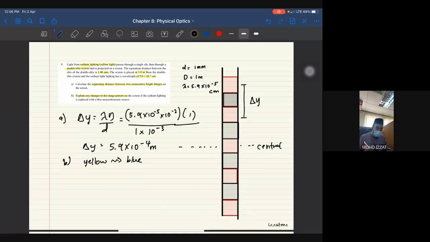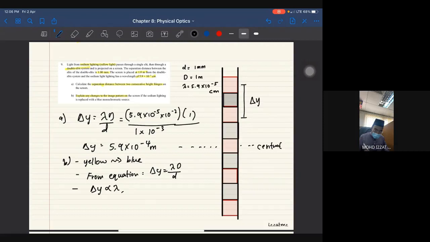So, saya pernah cakap kalau kita nak cerita pasal pattern, immediately kita tahu kita pakai formula delta y. Saya tulis from equation delta y equals lambda D over d. We know that the lambda will change. So, kita boleh tulislah relation there. Delta y is directly proportional to the lambda.